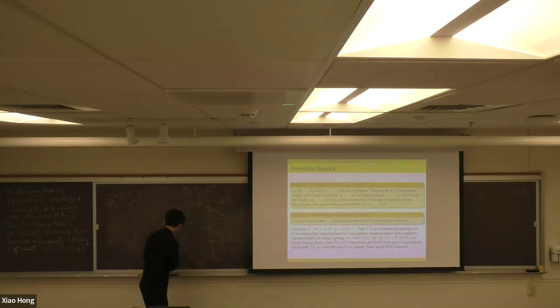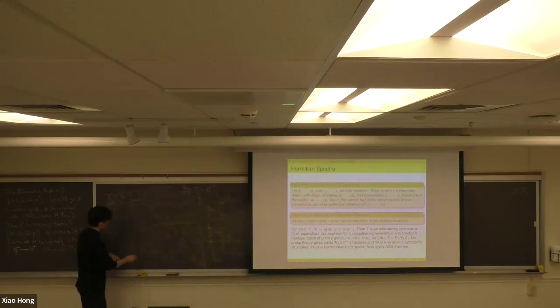So if you have a polytope where each vertex is a permutation matrix, then the convex hull generated by these vertices, denoted by P for example, contains the bistochastic matrices.